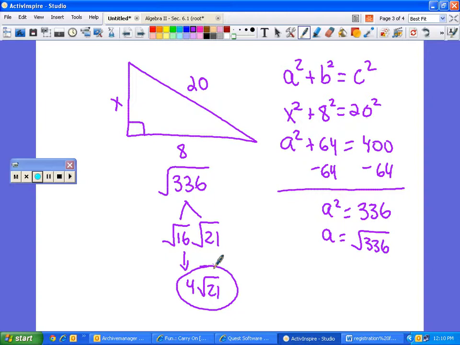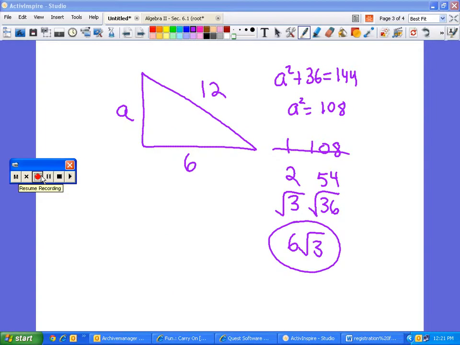A squared plus b squared equals c squared. Right? So I figured out what a squared, here's b squared and c squared. And then I subtracted b squared. So, x would equal what?